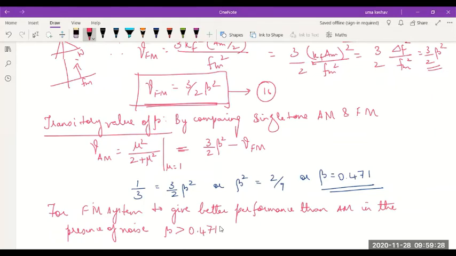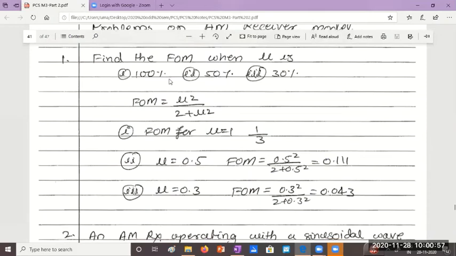So if beta is greater than this, your FM system will surely perform better than the corresponding AM system. Okay. So I think with this we'll stop here. And it will be clear.